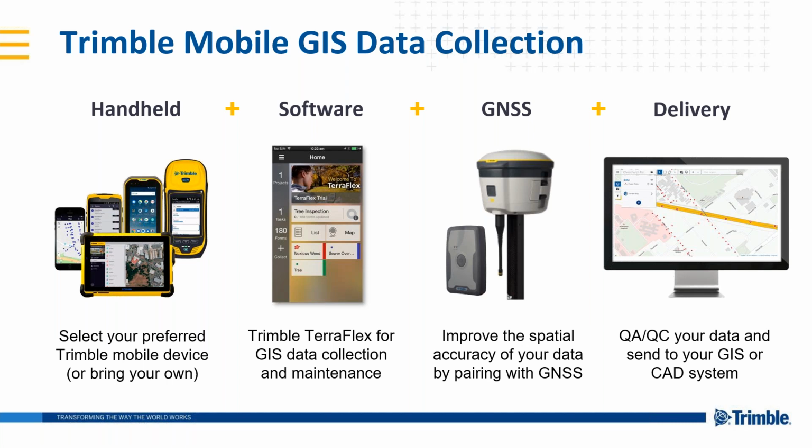If the GPS accuracy of the device itself is not sufficient, then of course you can add a GNSS component to improve the spatial accuracy of the data that you're collecting. And then the fourth component is some sort of delivery mechanism so that you can get the data that you're collecting or perhaps updating in the field off the device and back into your system of record. And the Catalyst technology that we're talking about today obviously fits in that GNSS component.